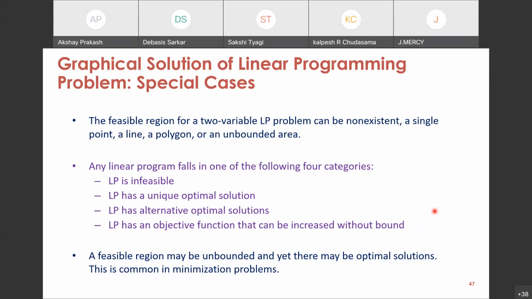That means you are moving the objective function line, say, towards the right, the objective function value keeps changing, and you still remain within the feasible region. This will typically happen when your region is unbounded. But an unbounded region doesn't mean you'll have an unbounded solution, particularly for a minimization problem, because you can move in the other direction and have a unique solution.